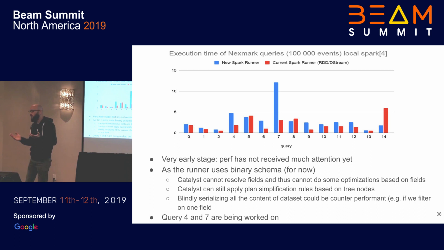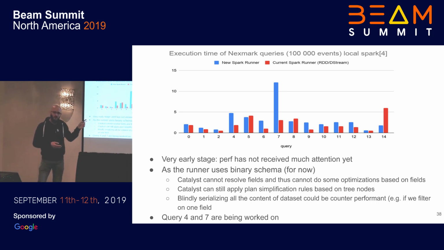And that's quite normal that the performance is not that good. That's because, like I said, it's a very early stage. It has not received a lot of attention yet, compared to the current runner that has received something like 3 years of performance improvement. So that's normal that we don't have this performance right now.